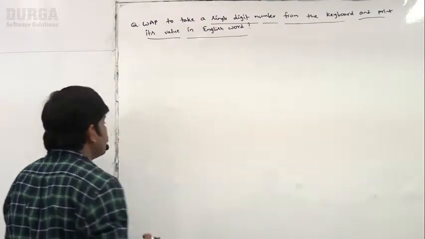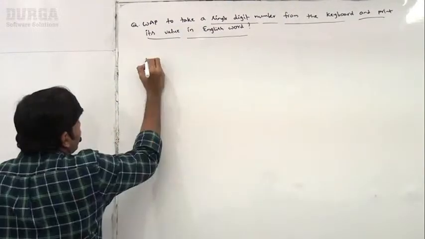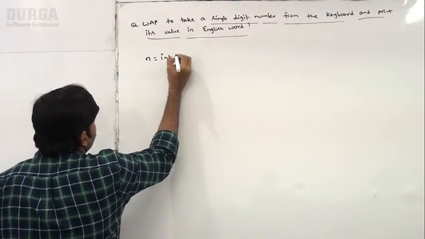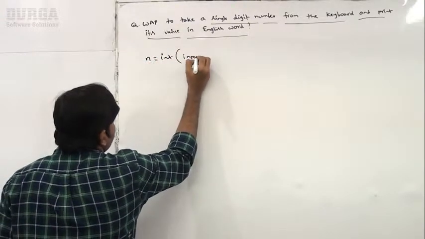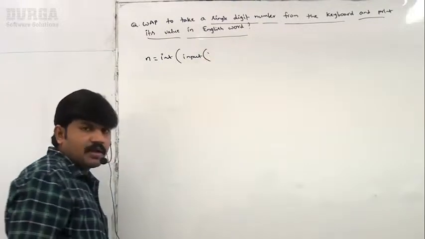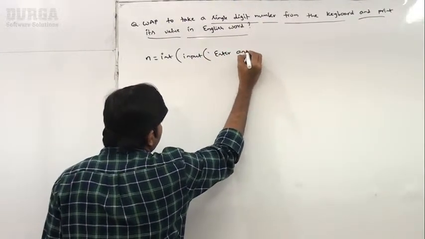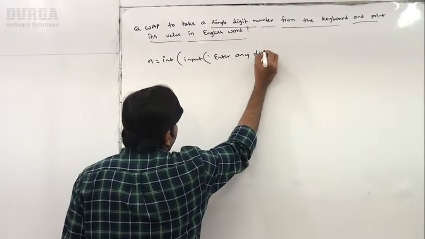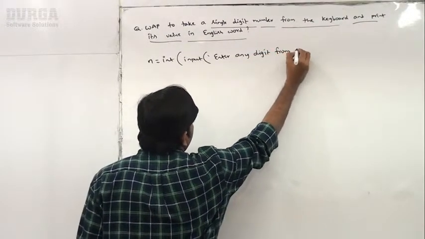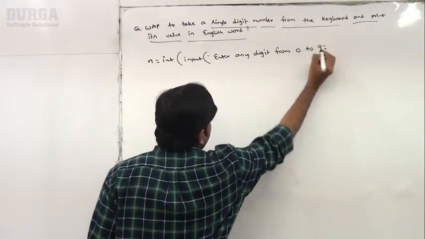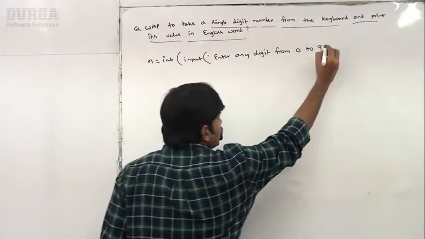Here just have a look once. Sir, n is equal to int of input of enter any digit from 0 to 9.